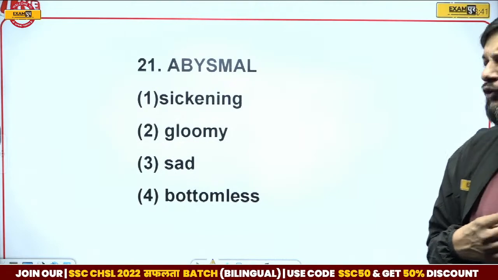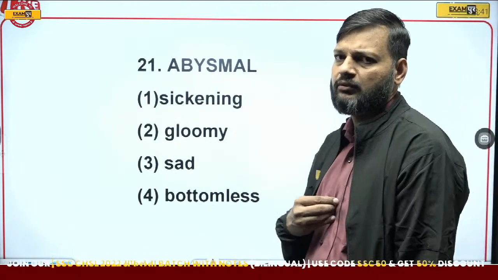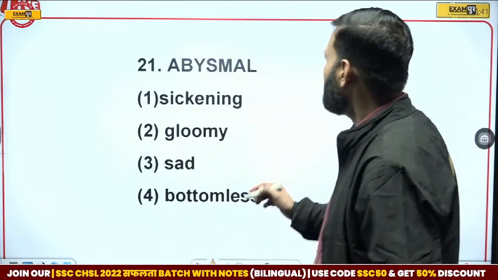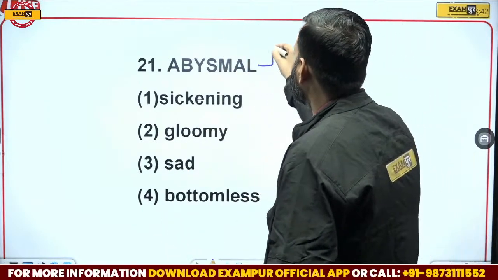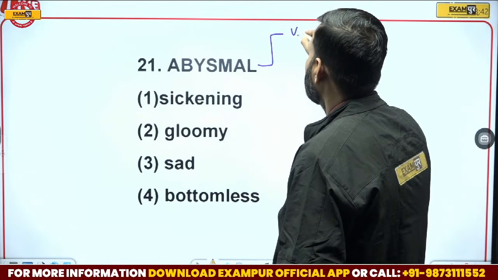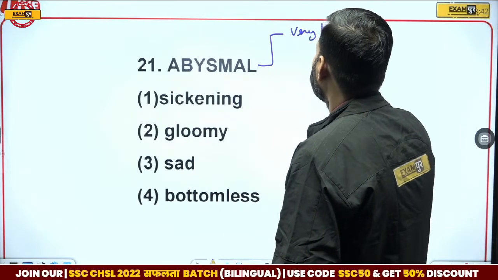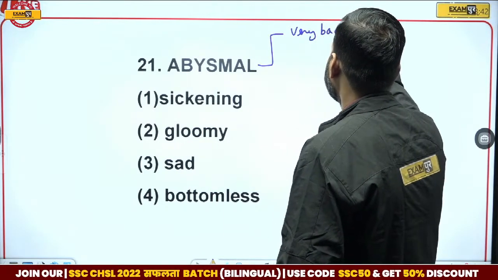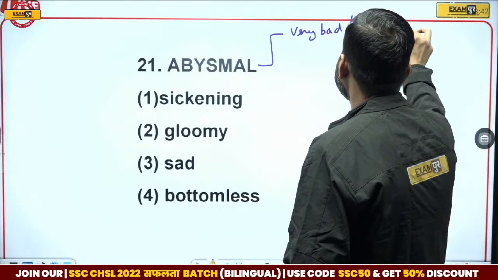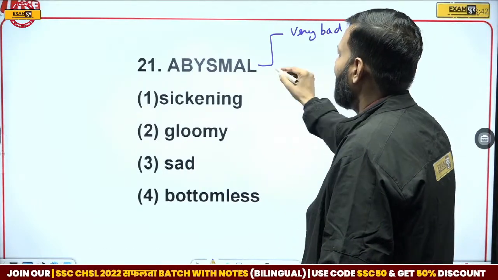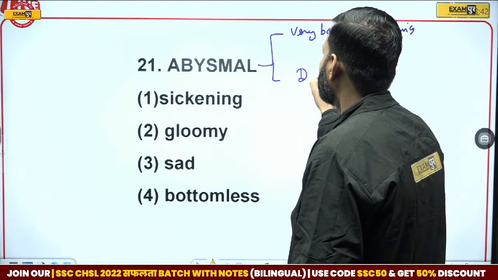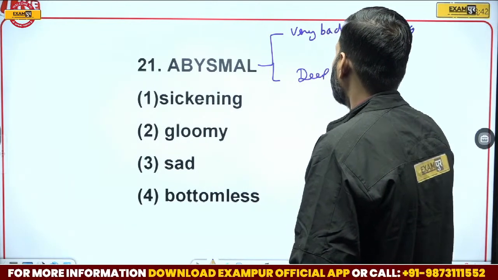I would consider this question wrong. Why? Because the word abysmal has two meanings. One is very bad, or we can say disgusting. And the second meaning is deep or without limit.